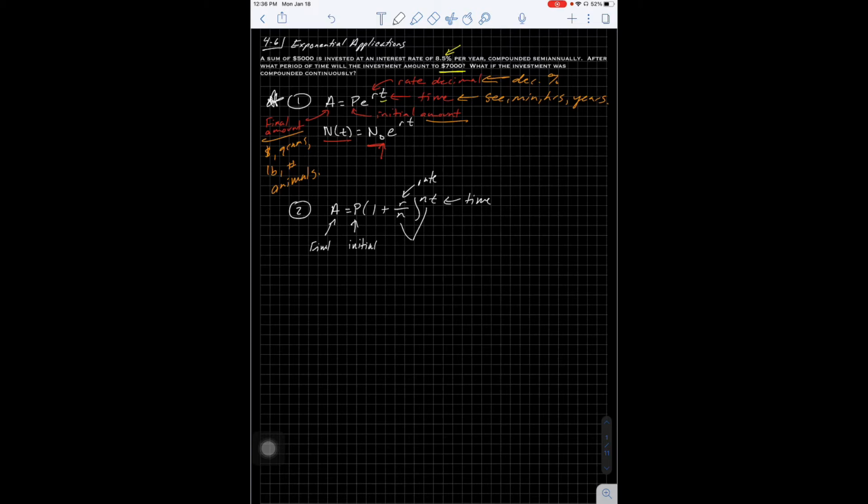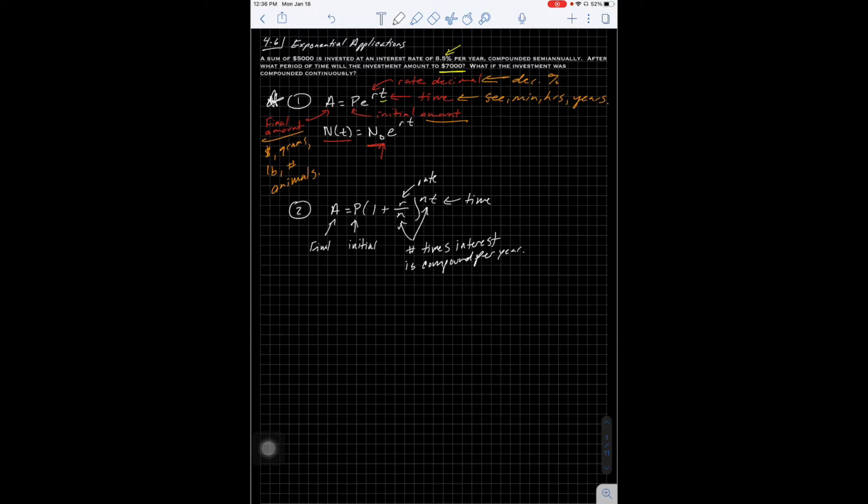The n, though, the n represents the number of times your interest, like on a money investment, is compounded, which means per year. So, for example, if you're gonna make an investment, and I'm gonna go into your account quarterly and calculate interest to add into your account, then that means n is gonna be 4. Or I might do it monthly, or I might do it daily or yearly.